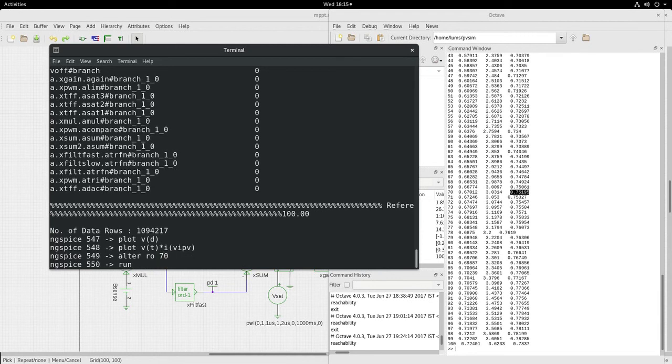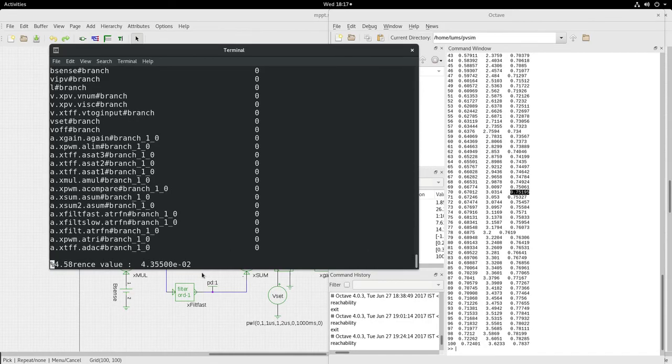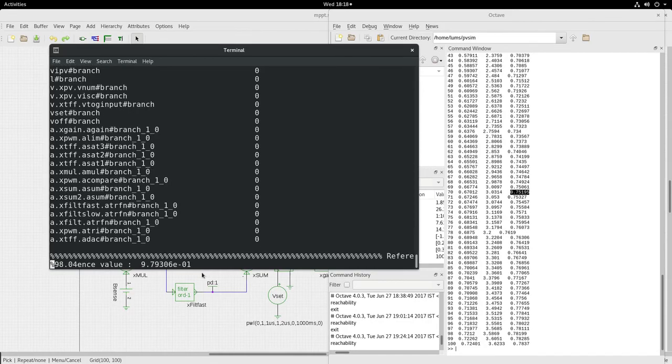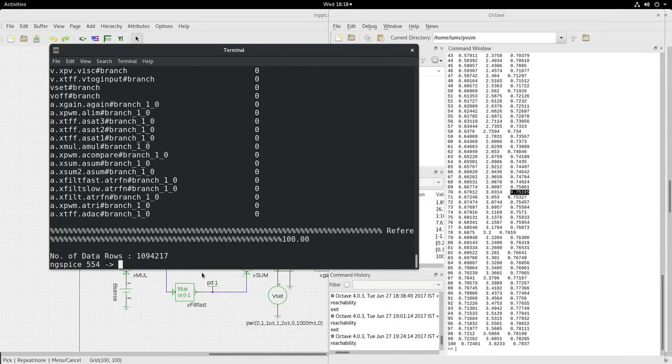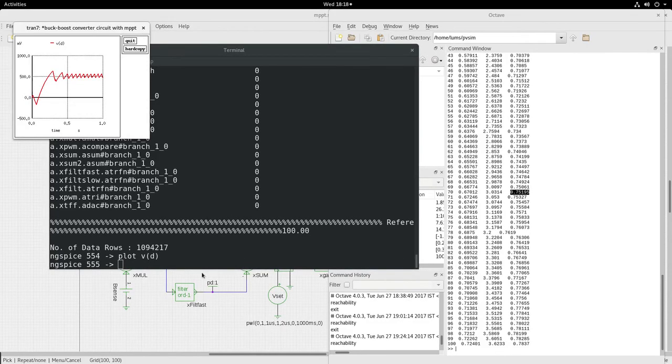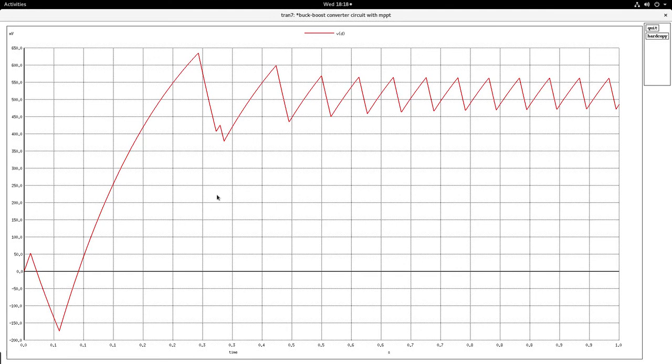Now let us run. The simulation will run for some time. I will come back after some time. The simulation is about to complete. It's completed. Now let me plot VD again here and see what has happened to the duty cycle. You see that the duty cycle voltage given to the PWM block has now settled to a slightly lower value, around 0.5.